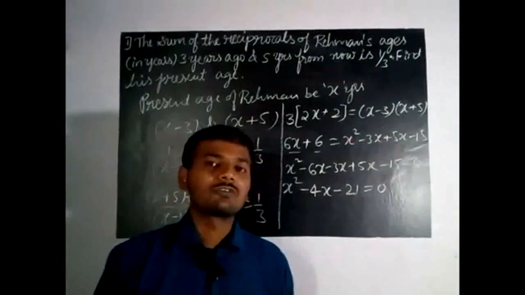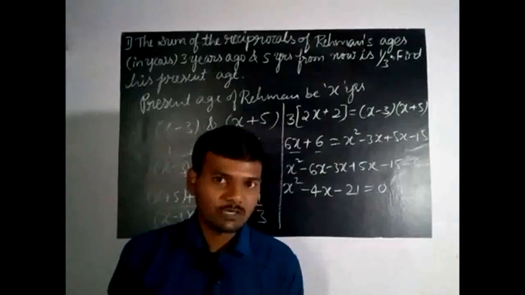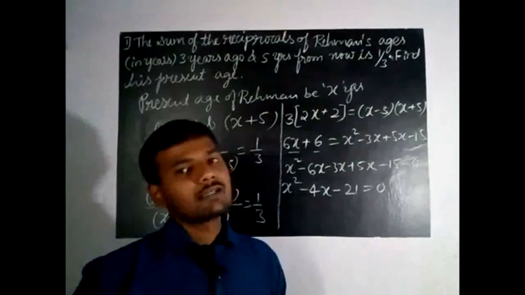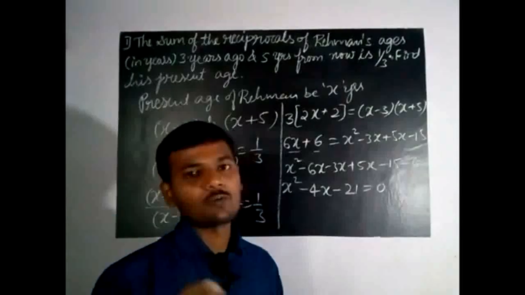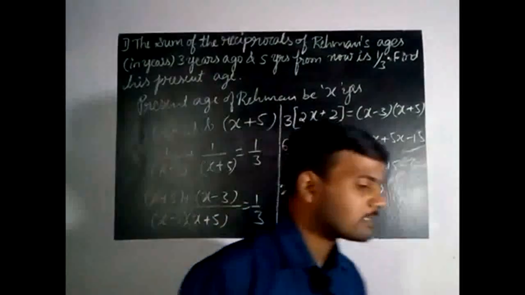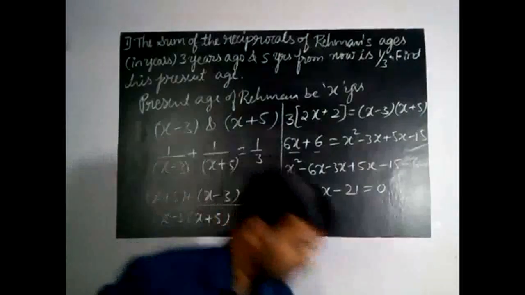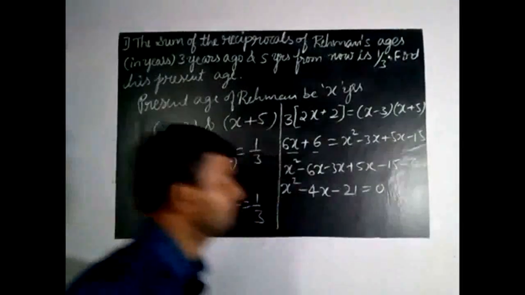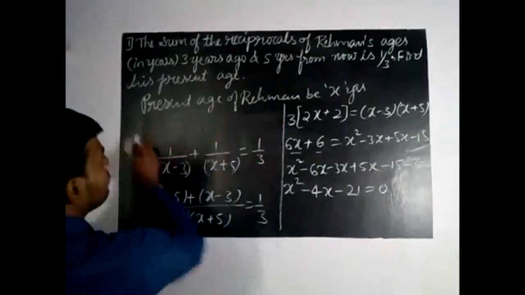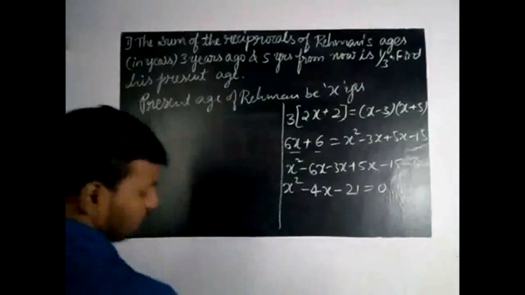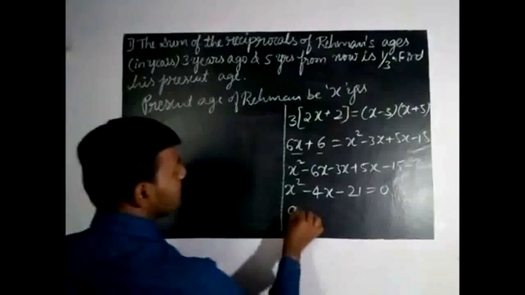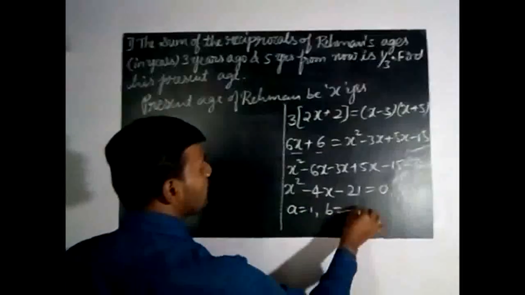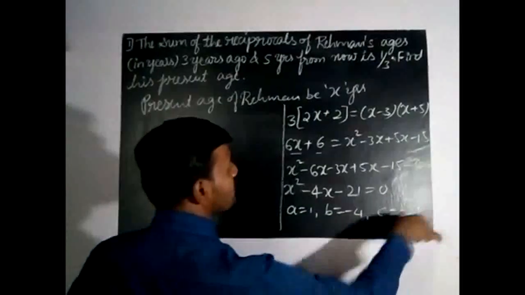Now we are going to find the roots for the given quadratic equation by factorizing or by formula method. We are going to solve this by the formula method. Here a is equal to 1, b is equal to minus 4 and c is equal to minus 21.